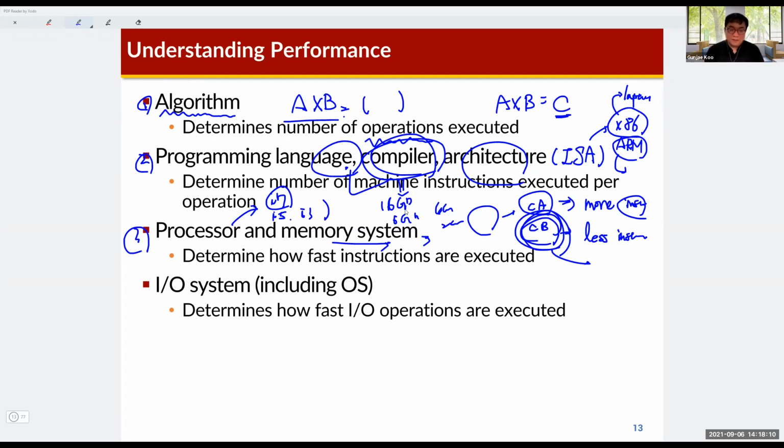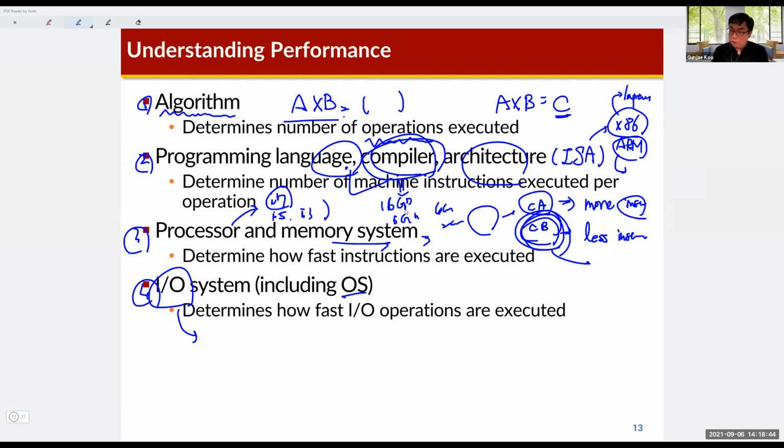Okay, the hardware. And then the I/O system, including operating systems. I/O means input and output devices. In the computer system, what are the input and output devices? Keyboard. Yeah, keyboard, mouse, mic. Also I'm using a microphone, so this is also a kind of input device.